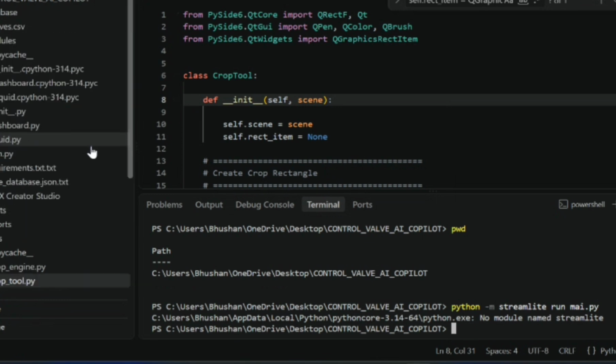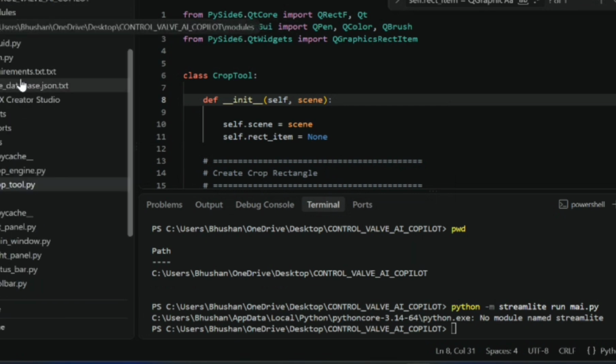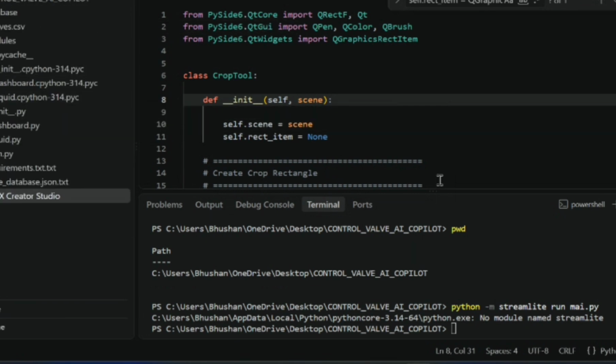I need to check. Okay, a different program is running over.